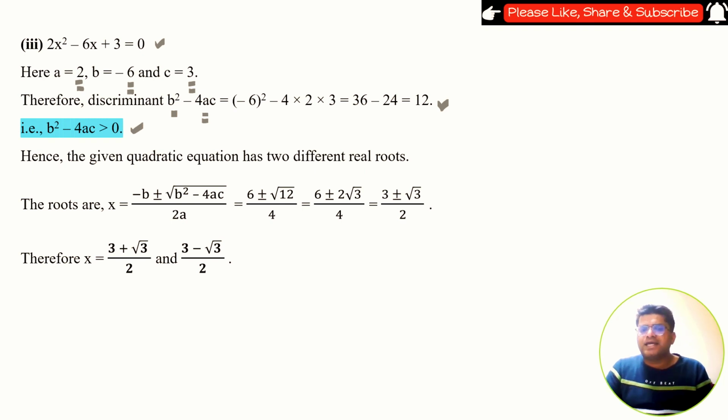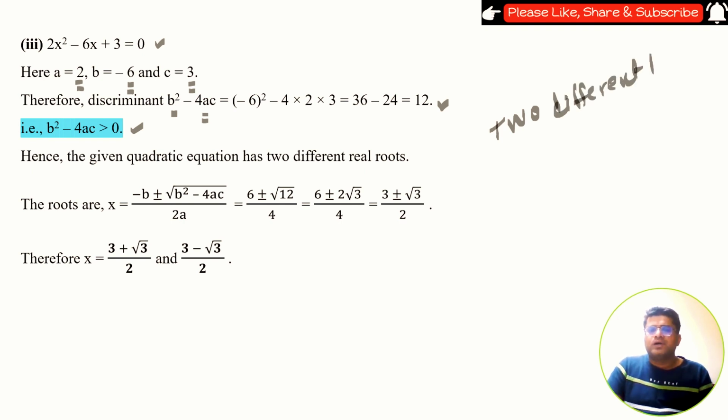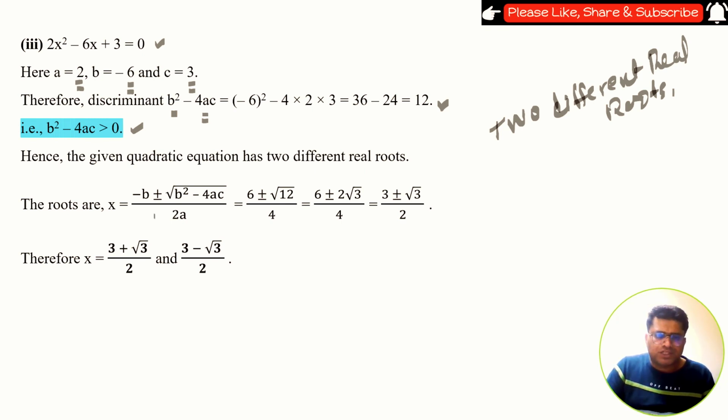In this case, we find two different real roots. How many roots? Two different real roots. And what is the value of these two different real roots, students? One time it will come positive, and the second time it will come negative. These are the two roots.